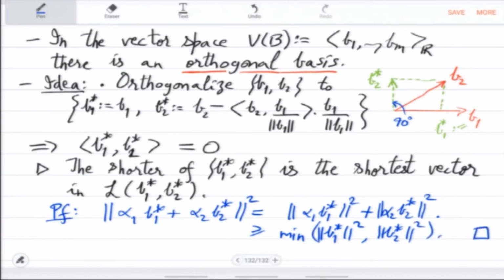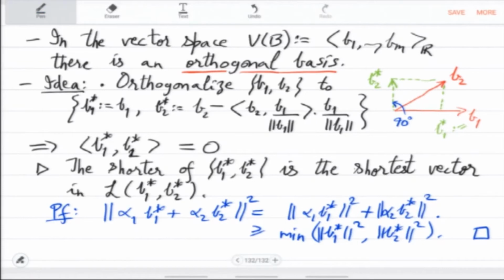This is an important thing to remember. This is the sum of squares property, which is happening because of orthogonality. And this shows that for lattices of orthogonal vectors, the shortest vector is very easy to find.